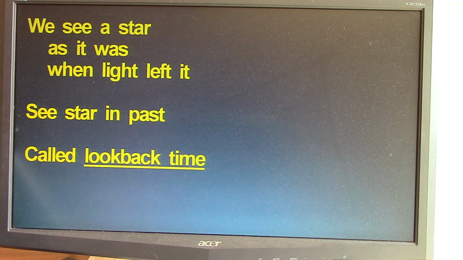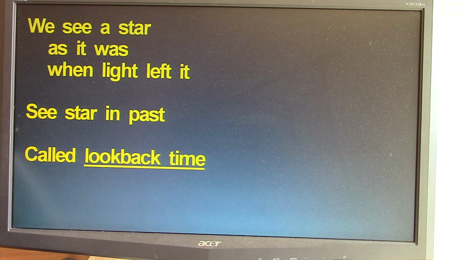That means it took a long time for that light to reach us. When that light finally reaches our eyeballs, we're seeing what happened in the past when that light left the surface. This is called look-back time. You need to get used to this concept. We introduced this first class because you need to get used to this in space.